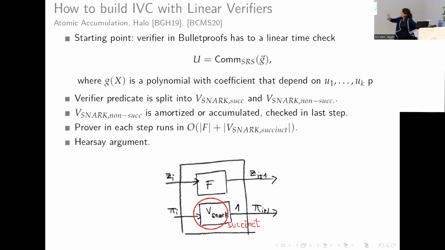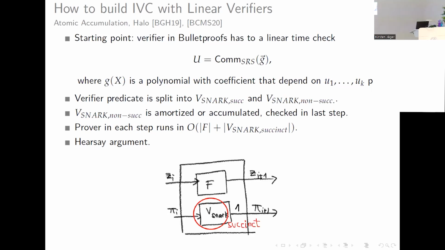The problem is that if you look at SNARK constructions in the discrete logarithm setting, they need to do some linear computation. So the verifier is not short, and you couldn't do recursive proof composition.